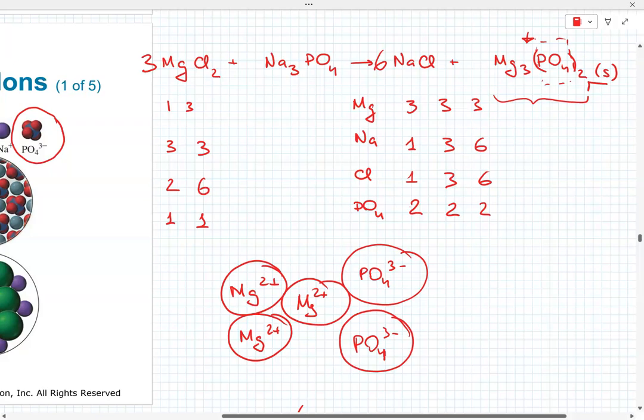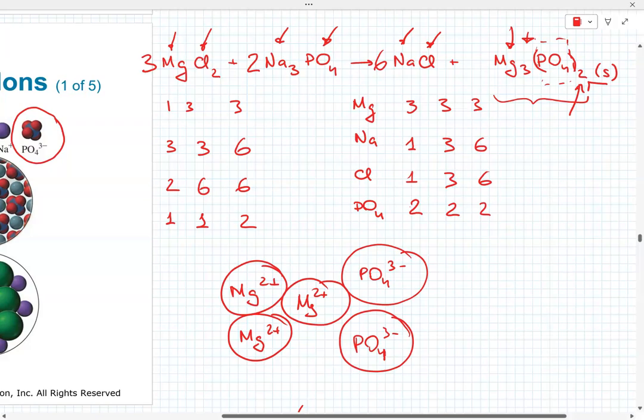Yeah, we would have to change the left side. It's not 3 on the left, it's 6. So, 3 magnesiums, 6 chlorides, 6 sodiums, 2 phosphates. Does that make sense?